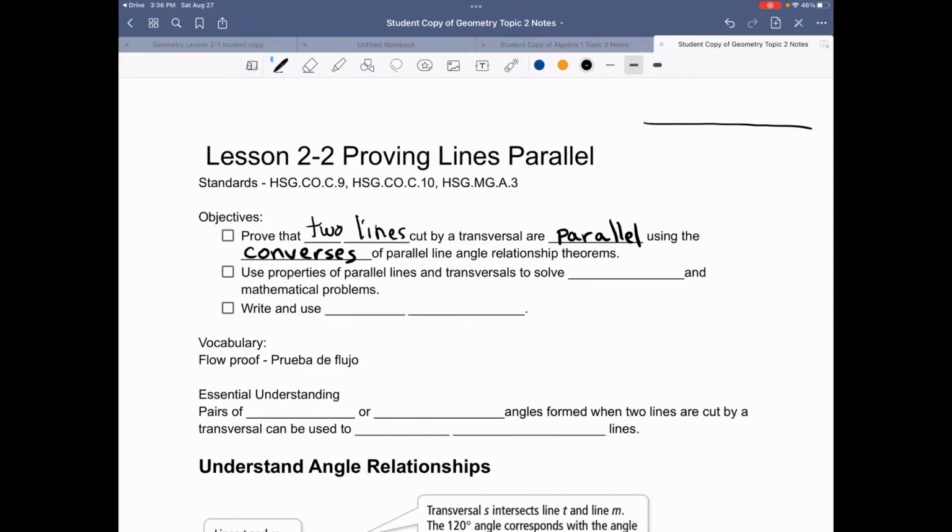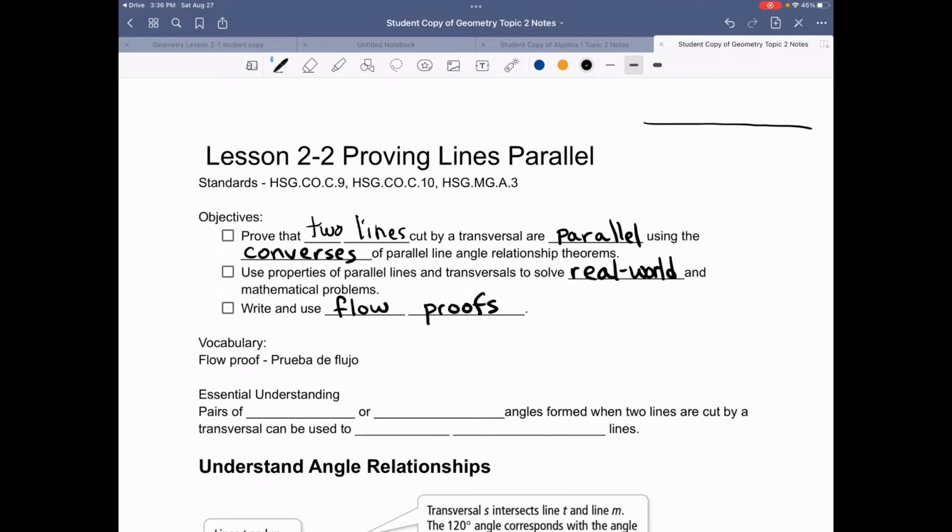We are also going to use properties of parallel lines and transversals to solve real-world and mathematical problems. Our third objective will be writing and using flow proofs.